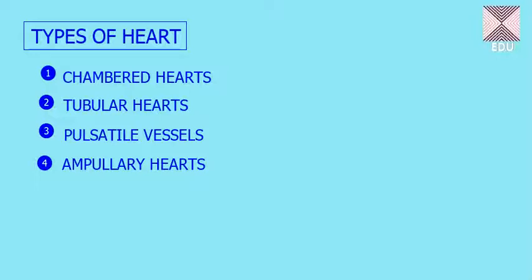We have also classified the heart on the basis of the origin of the heartbeat, and those will be the neurogenic and the myogenic hearts. Those will be taken in another lecture, but here we are considering the types of heart on the basis of morphology. We'll be taking these types of hearts one by one, so I am starting with the very first type, which is the chambered hearts.